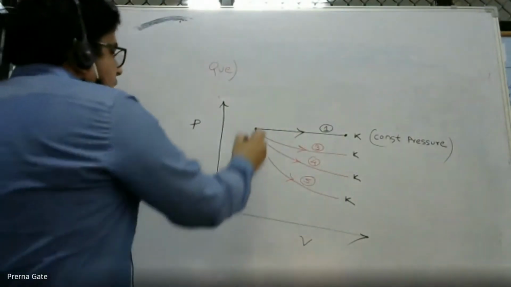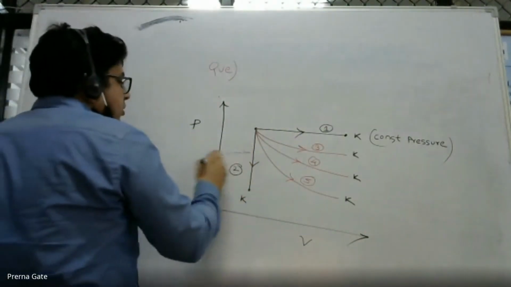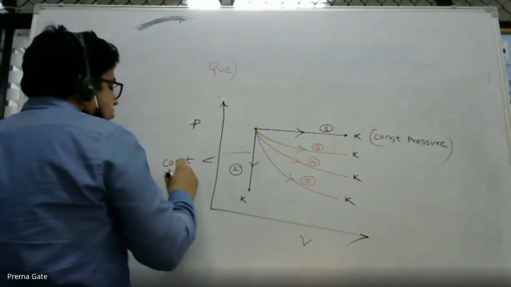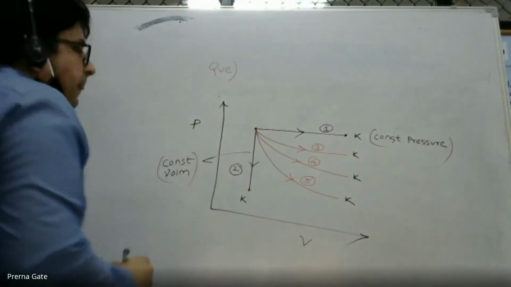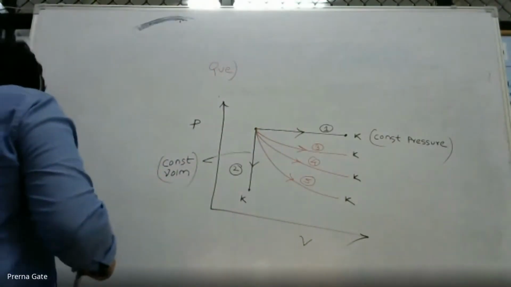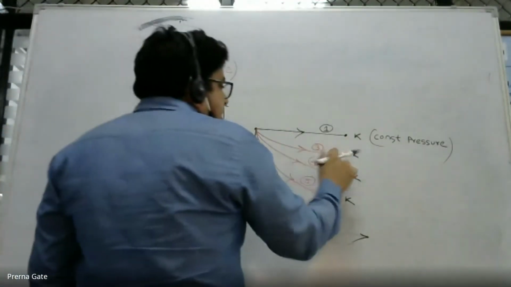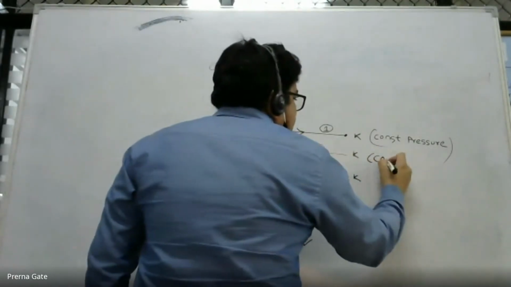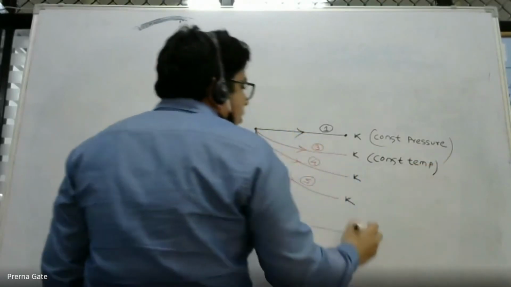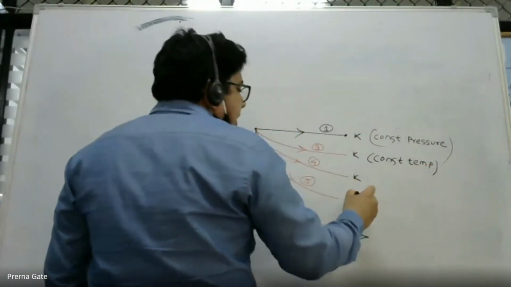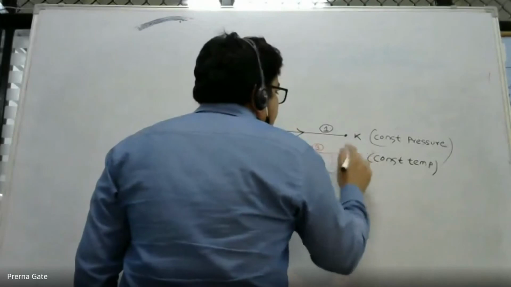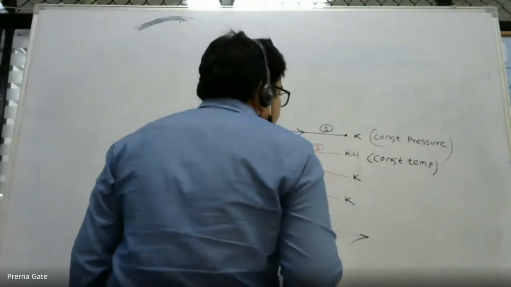And this particular 2 is constant volume. Now you have to identify, obviously, it is very easy that it is a constant temperature process. But you have to figure out that out of these two, which is adiabatic and which is polytropic. And the value of K is 1 here.